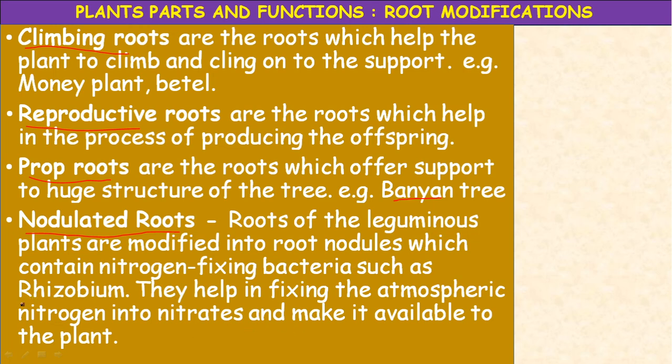What is that bacteria name? Rhizobium bacteria. So these nodulated roots help in fixing the atmospheric nitrogen. This bacteria help in fixing the atmospheric nitrogen into nitrates and make it available to the plant. Nitrogen is one of the important nutrients required by the plant.